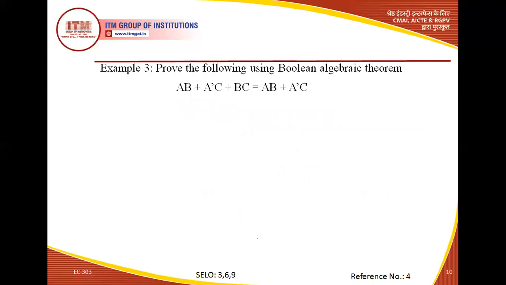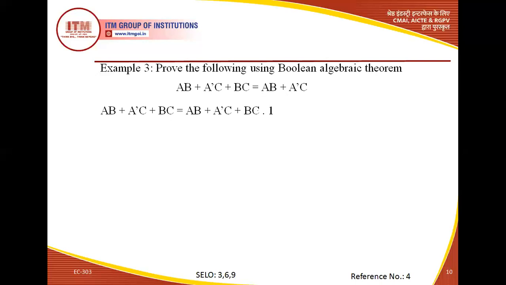Now we take another example in which we want to prove the given Boolean function. That means the function AB + A'C + BC equal to AB + A'C. Now how can we prove it? So for the proof we can simplify the function according to what we have to prove.